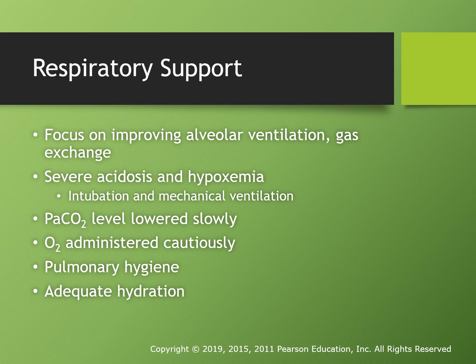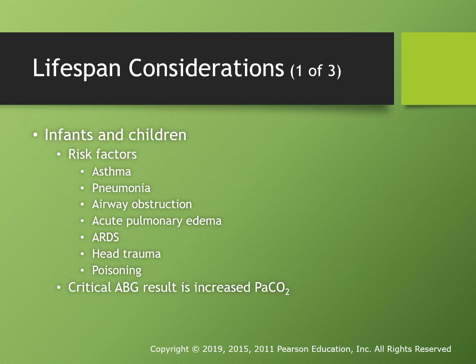Remember, with chronic, they can breathe in oxygen, they just can't get it out. Pulmonary hygiene measures may be instituted, such as deep breathing, coughing, breathing treatments, percussion, and drainage. Adequate hydration is important to promote removal of the respiratory secretions, so some IV fluids and possibly tube feeding.